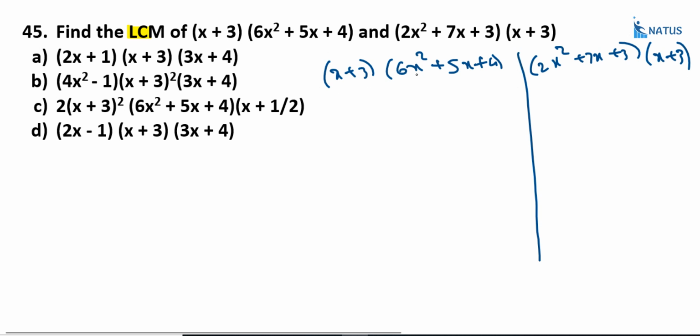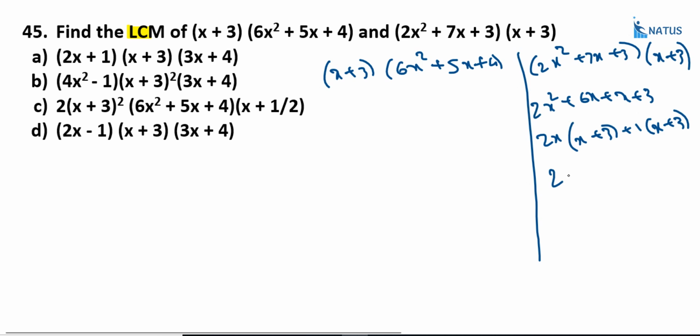Now x plus 3, this is 24, but what is the middle number? 5. It's not possible to get exact factors. Now this one, 6, 3 into 2, 6. So this is 2x square plus 6x plus x plus 3, right? So 2x as common, this is x plus 3, and plus 1 is common, x plus 3.